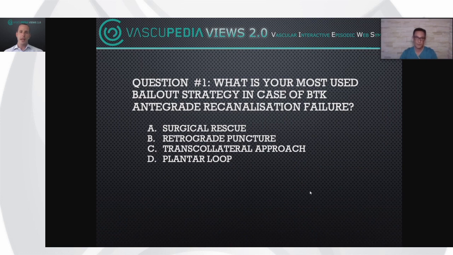Option A is surgical rescue. Option B is retrograde puncture. Option C is transcollateral approach. And option D is plantar loop technique. So please answer the question. And at the end of the presentation, we're going to comment on the result of the poll with August. So August, please continue.